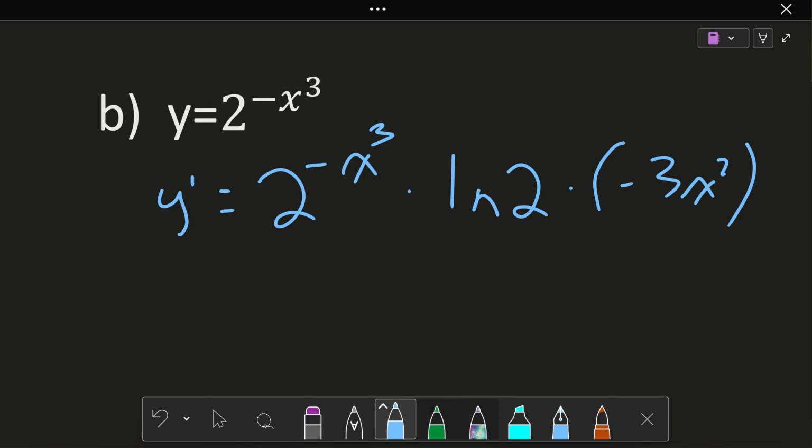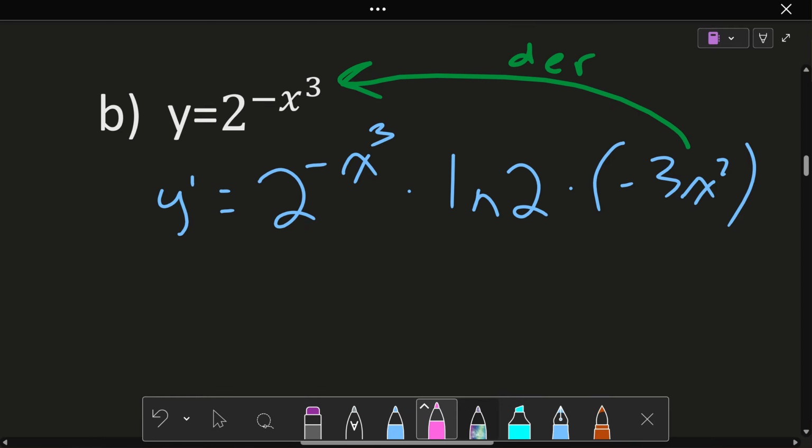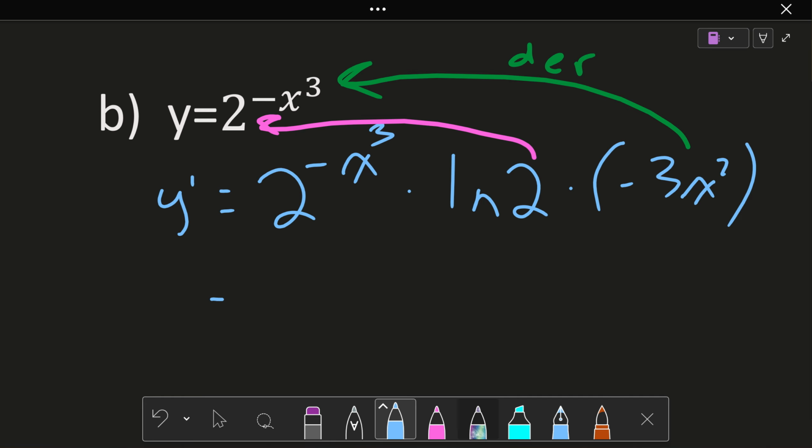So where did it get these numbers? Remember, this is the derivative of my exponent. And then this one is just ln of my base. Now I just need to clean that up a little bit. So it does equal 2 to the negative x to the 3.